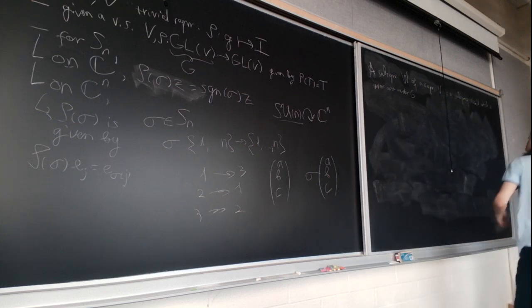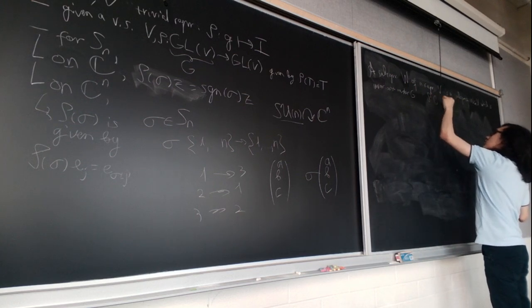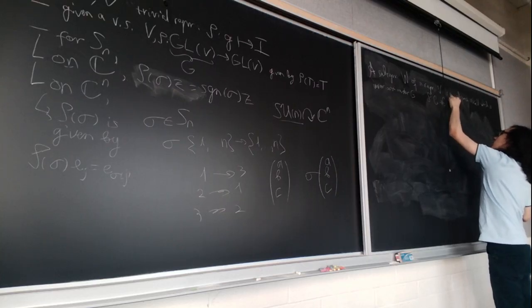So what does this mean? Suppose rho is the map from G to GL(V).